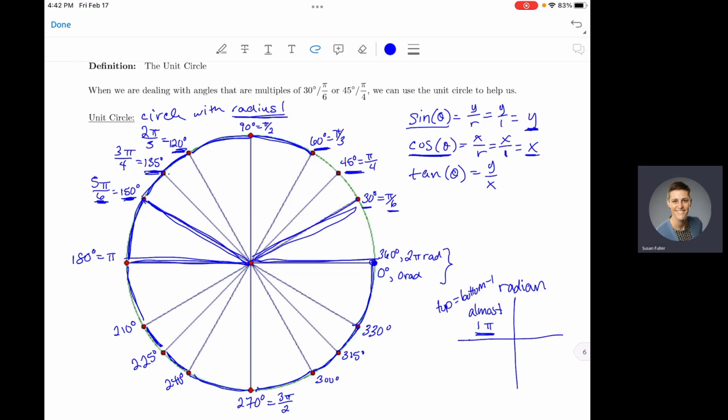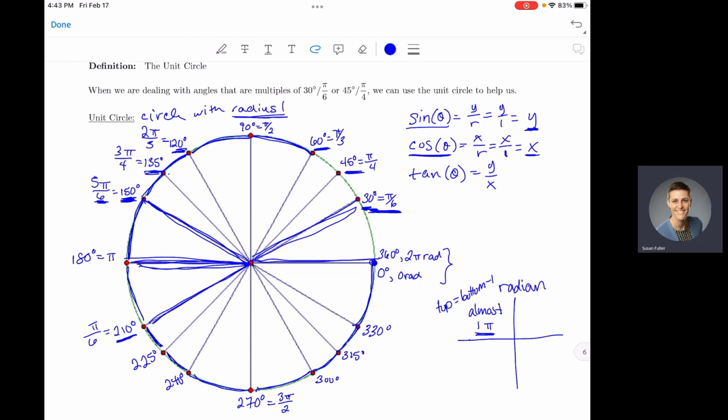And then in the next quadrant, again, we're going to look at reference angles. So 210 degrees, this angle here, matches the angle that we had from 150 degrees, which matched our 30 degrees. This is a 30-degree reference angle. This is going to be something pi over 6 because my reference angle here comes from here.